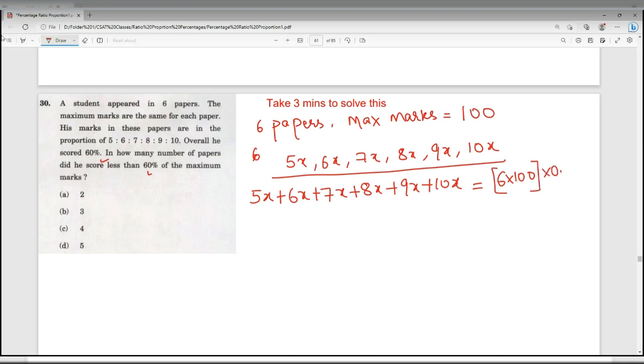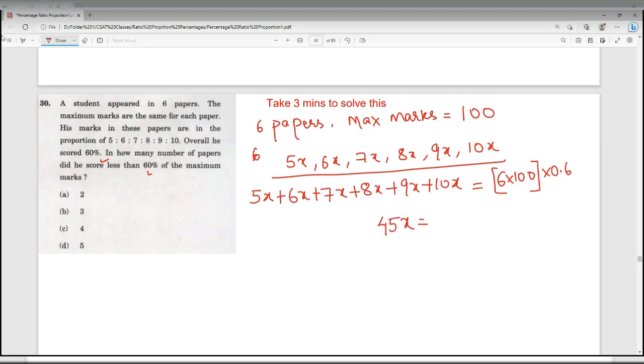So this is 0.6. If you add all these marks, that would be equal to this one. So 5 plus 6, 11, 11 plus 7, 18, 18 plus 8, 26, 26 plus 9, 35, 35 plus 10, 45x.